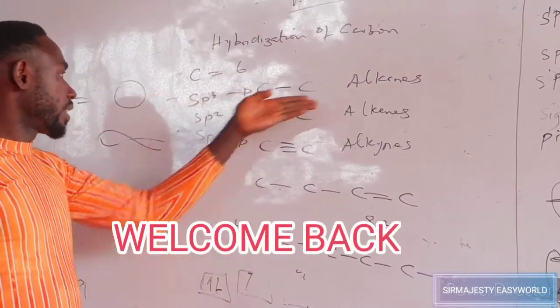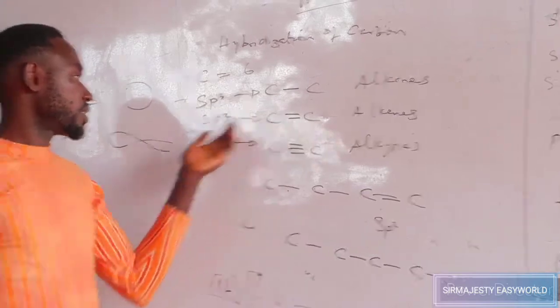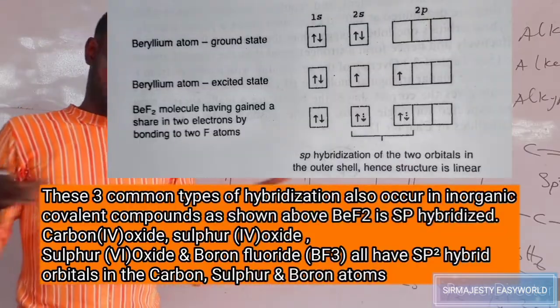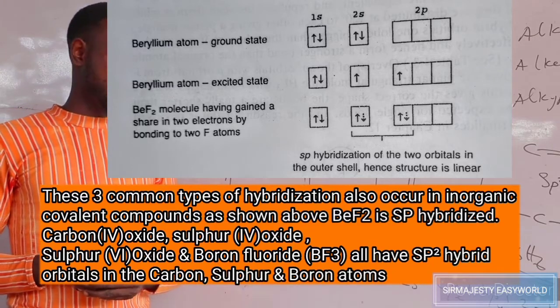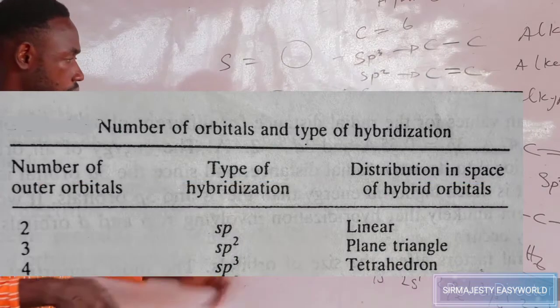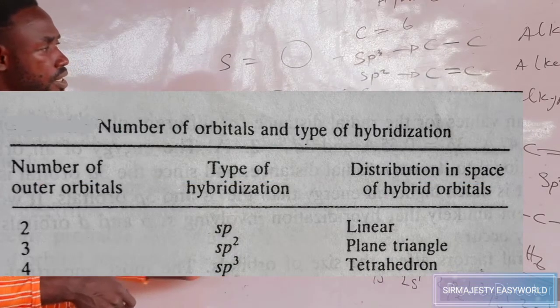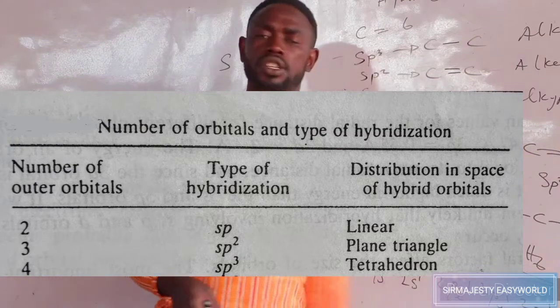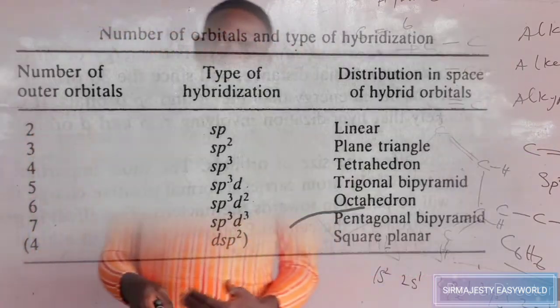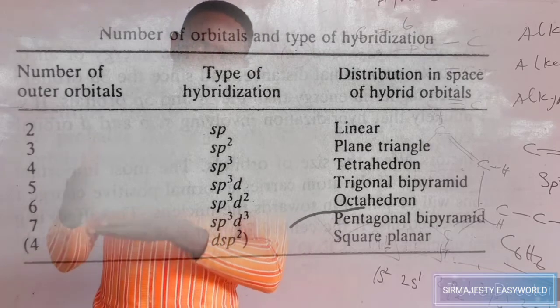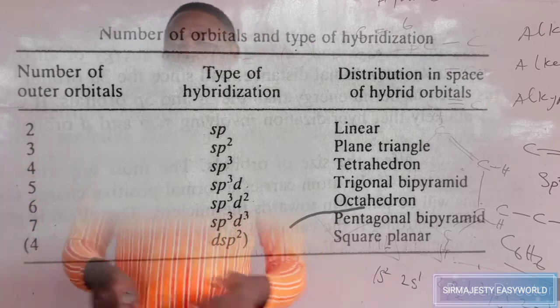Why the alkanes are sp3, alkenes sp2, alkynes are sp hybridized. Okay, now this is it for the normal and common three types of hybridization. Let me now take you a bit higher to where d orbitals participate in hybridization.